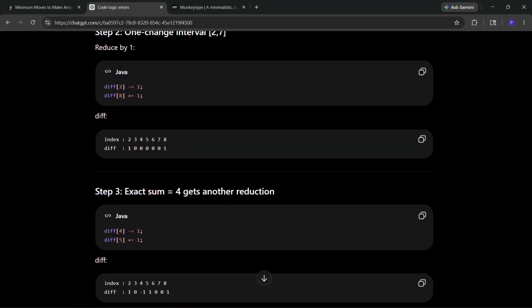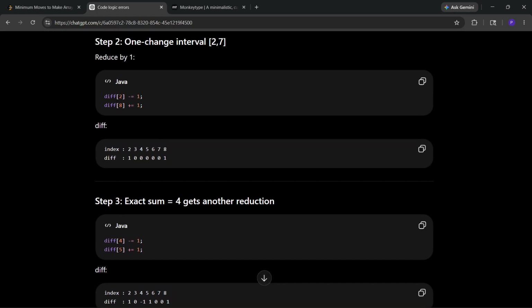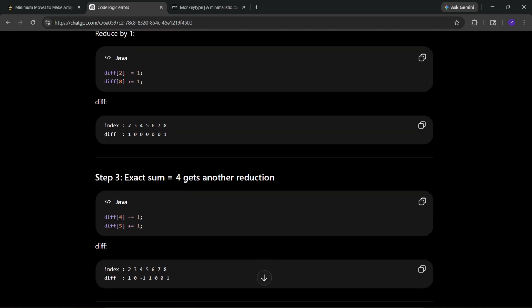Okay, I think I'm seeing the bigger picture now. Initially it would have been minus 1, plus 1, plus 1, plus 1, plus 1. Maybe not. That's 4, and then that is 5.